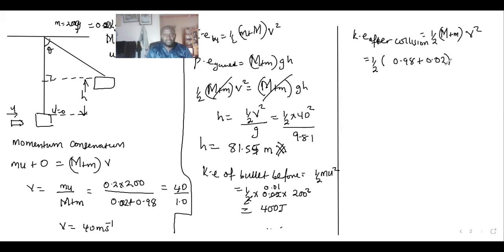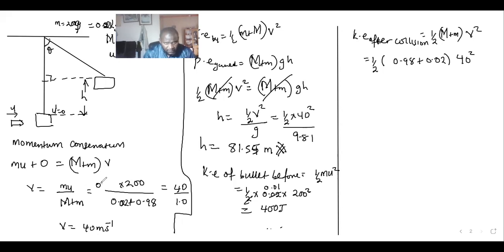What is the velocity? We attained 40 squared. What do we get? Wait, was the velocity 40 or 4? Because this value is very big. Guys, check this calculation. I made a mistake. This was 0.02. That's why these values are big. I was wondering.